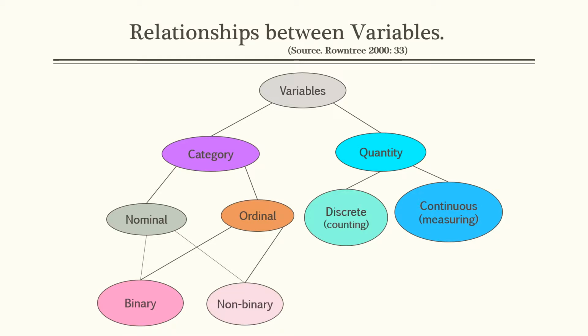Now, the nominal and ordinal can be classified as binary or non-binary. Now, when we say binary, it is a type of categorical data in which there are only two categories. So, there are no other data, but you only have two.